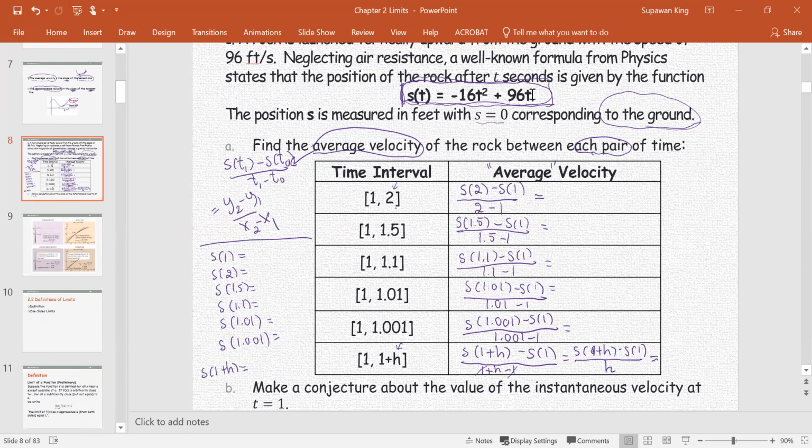If you have the calculator, please help me find the function values first on the list on the left. What are s(1), s(2), s(1.5), and so forth? I will check on you again in three minutes.